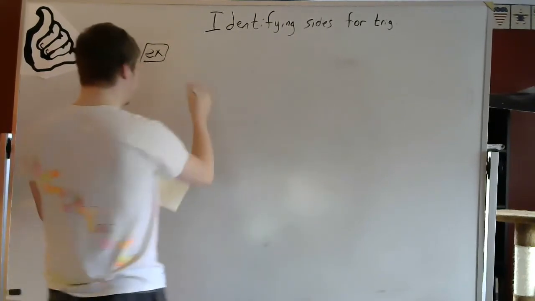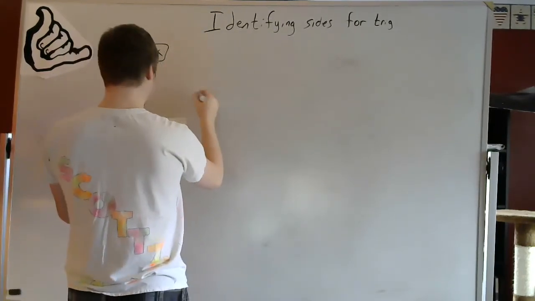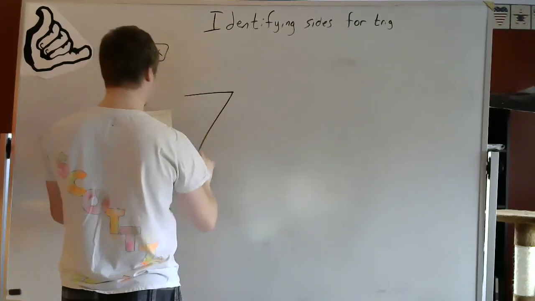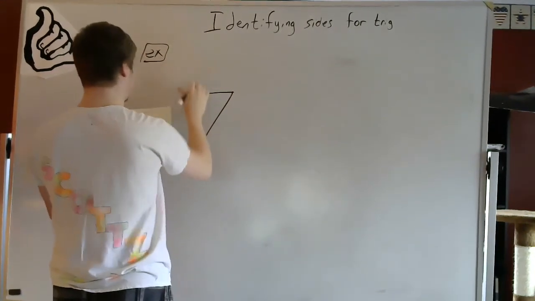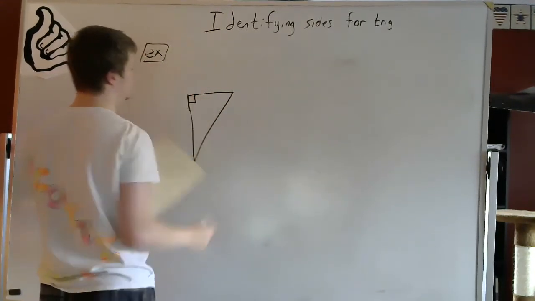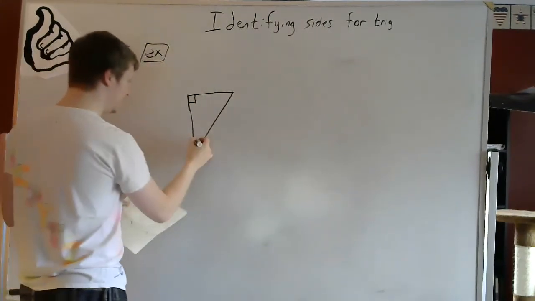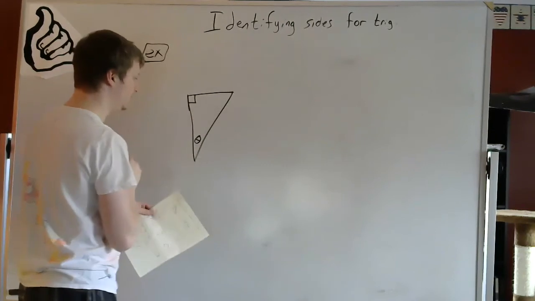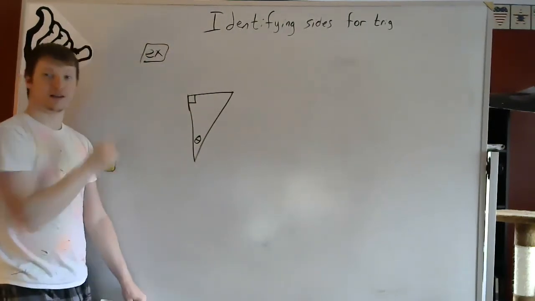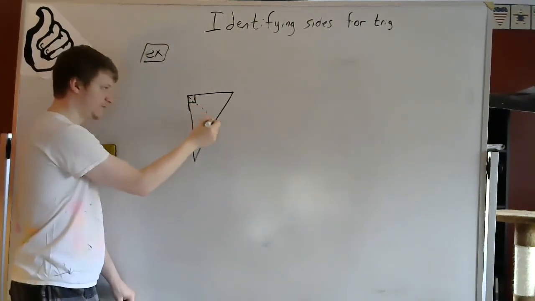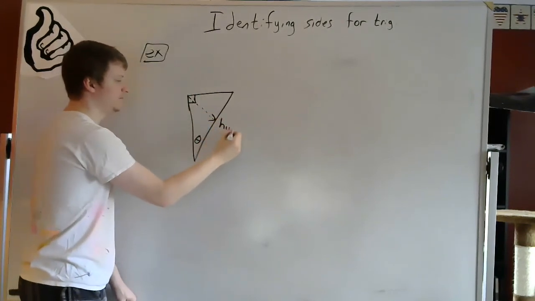So here is another one. Go like this. It's an ugly triangle, but it'll get the job done. And the theta that I'm going to put is going to be right here. Again, opposite the 90 degrees, that's our hypotenuse.